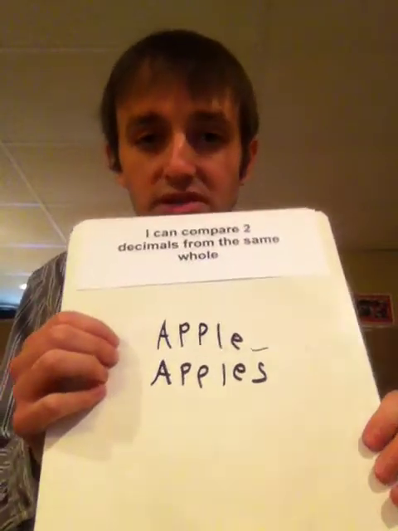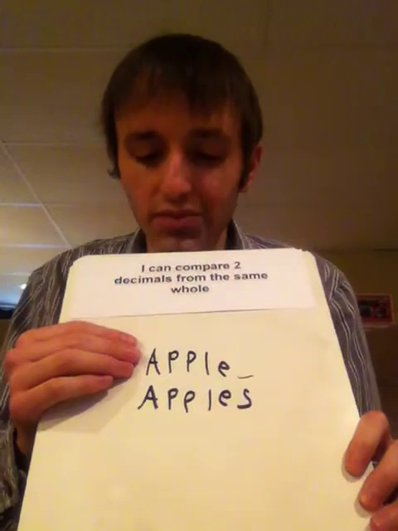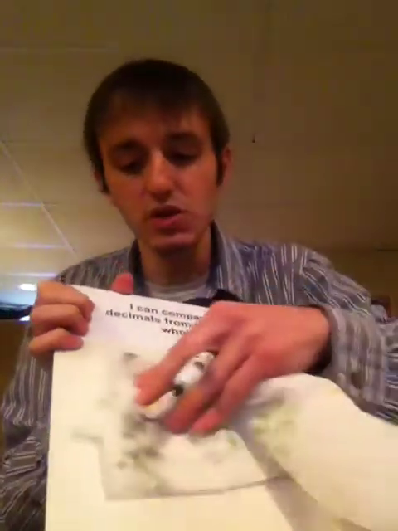It's just like ABC order. When you're ordering words, you always start from the left side and work your way to the right. It's the same way with decimals and actually whole numbers.